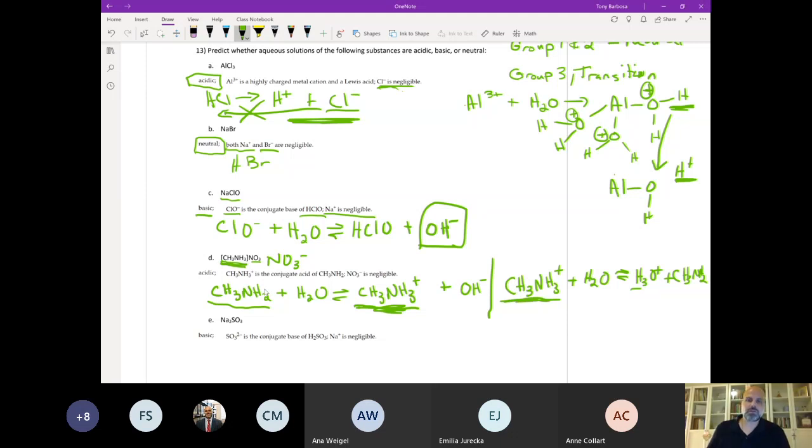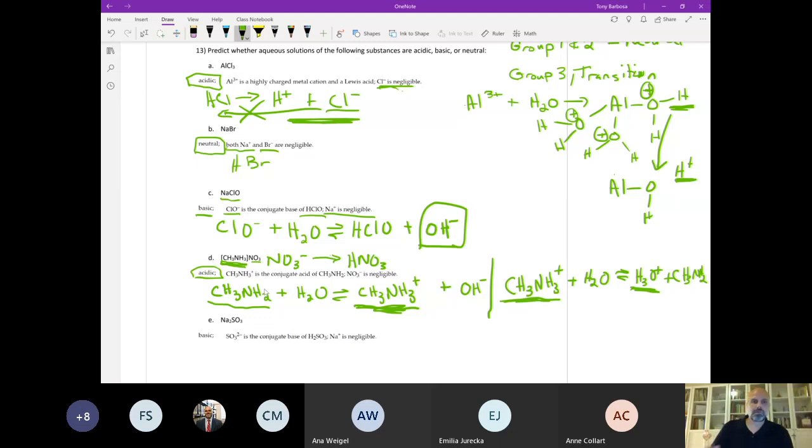The conjugate acid is an acid itself because it produces protons or hydronium ions in water. So that's going to create an acidic solution. NO3 minus is the conjugate base of HNO3, and HNO3 is one of the strong acids, so there's no effect on the acidity. So this overall solution is just acidic.